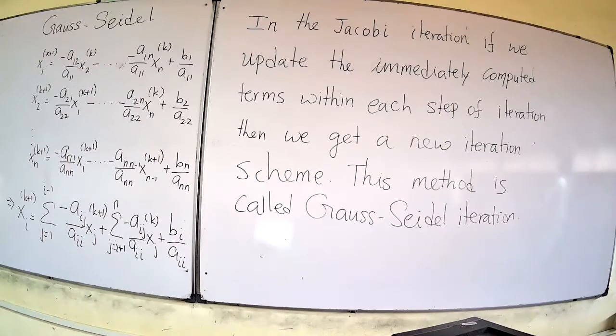I already showed you the example, so I don't need to show another example at this moment, because in the last example I already explained how to do Jacobi iteration and Gauss-Seidel iteration as well. So you can work on that example for a few steps, and I ask you to verify how the solution goes.